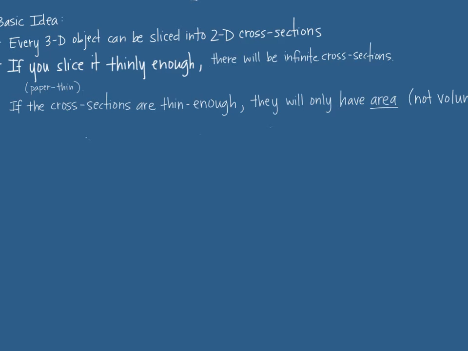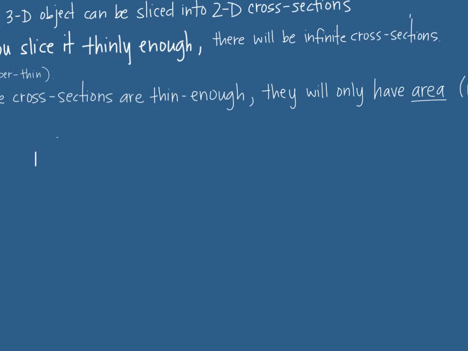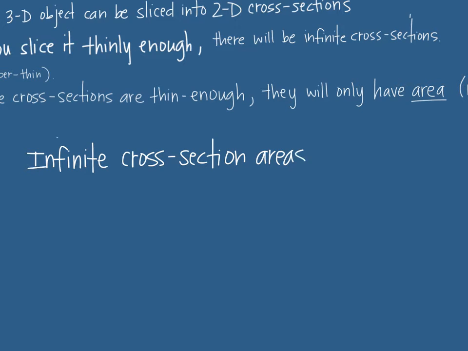But here's the huge thing you have to walk out of here understanding. Infinite cross-section areas added up together, what will that equal?